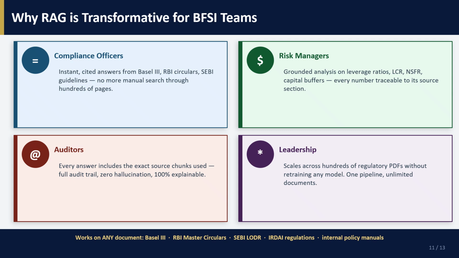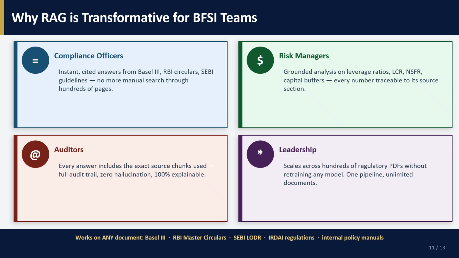Then for the auditors, this is potentially transformative. If every RAG answer includes the exact source chunks used to generate it, you have the full audit trail and zero hallucination, something which is 100% explainable to a regulator. Then for the leadership, the pipeline scales.